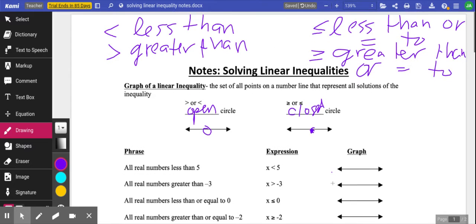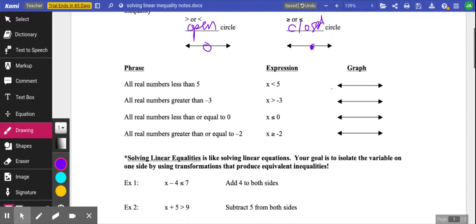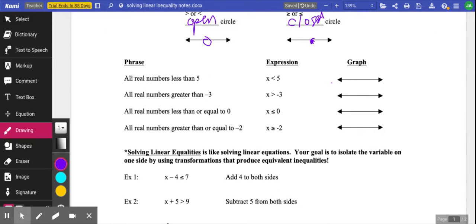Let's graph some of these inequalities here. If we're talking about all real numbers less than 5, the way we would express that algebraically is x is less than 5, meaning x can be anything less than 5. To graph that, we make a number line.